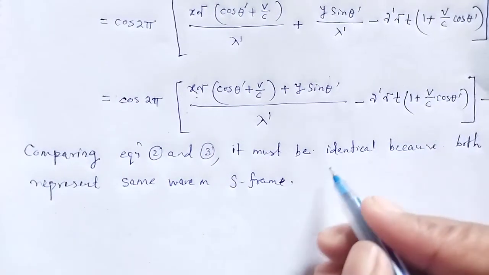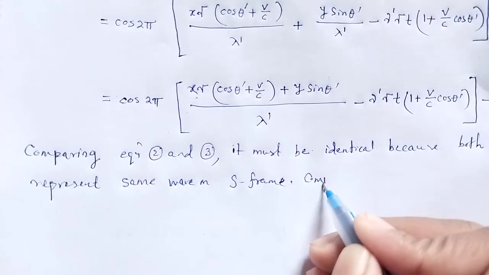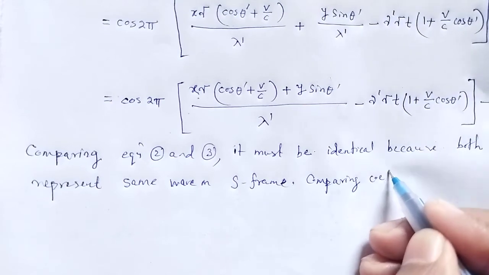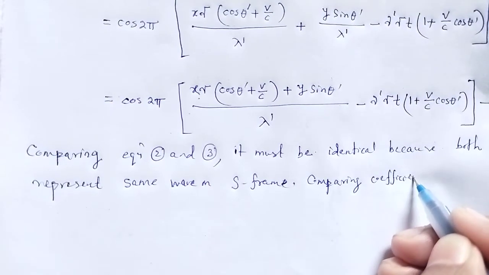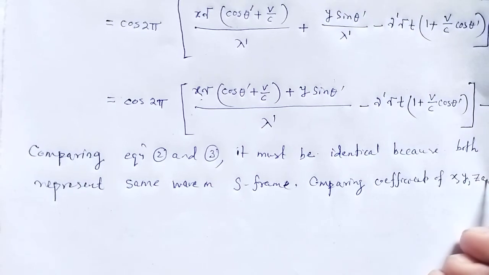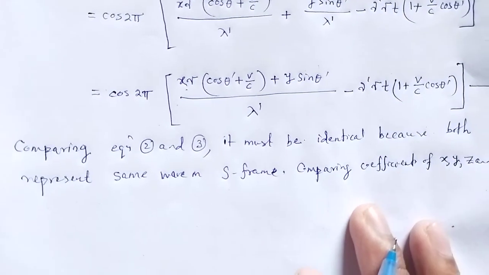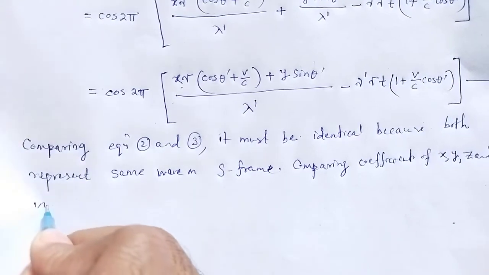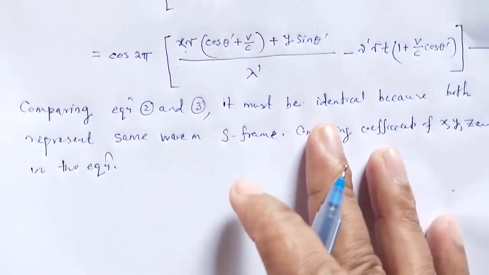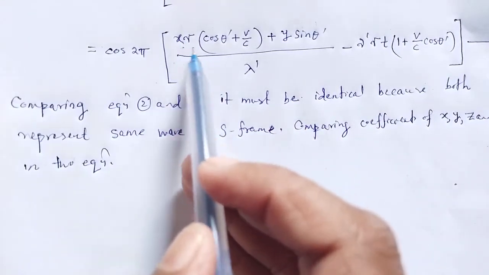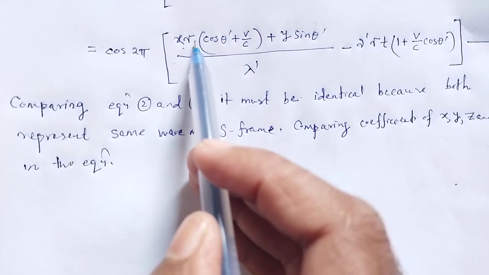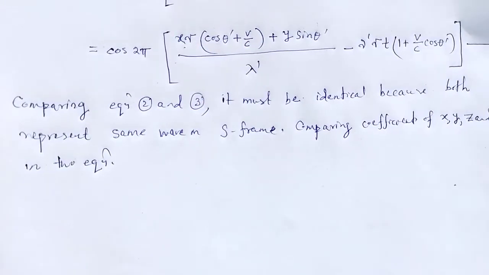Now we compare the coefficients of x, y, z and t in these two equations. In the two equations, the coefficient of x is gamma of cos theta dash plus v by c.